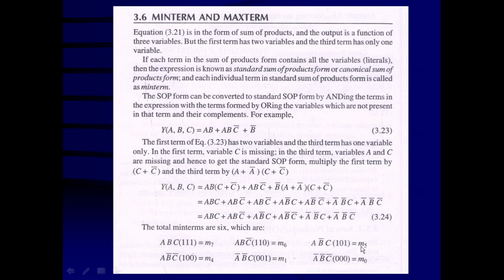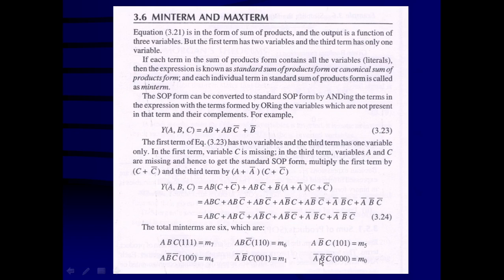That is represented by M5. Similarly, A B bar C bar, 1, 0, 0. That is going to be designated M4. A bar B bar C, that is going to be 0, 0, 1. This is designated as mean term M1.